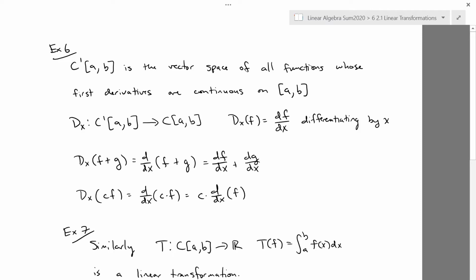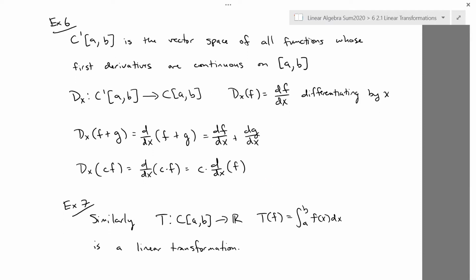And then similarly, if we look at the definite integral over the interval from a to b, any continuous function on a closed and bounded interval is integrable. So we can take the domain to be the continuous functions on the closed and bounded interval from a to b, and the result of a definite integral is just a number.